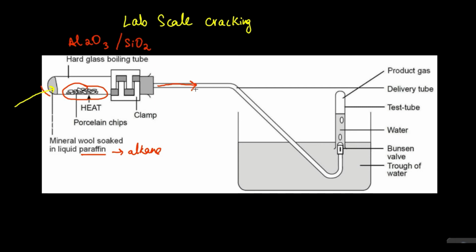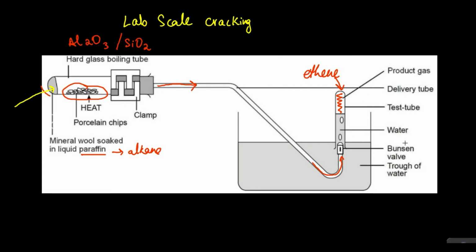So we get our cracking products over here. And when it goes through this entire delivery tube, we will get the product gas over here, and the product gas will be an alkene, mainly ethene. So this is the entire concept of lab scale cracking. Now why is this Bunsen valve over here?